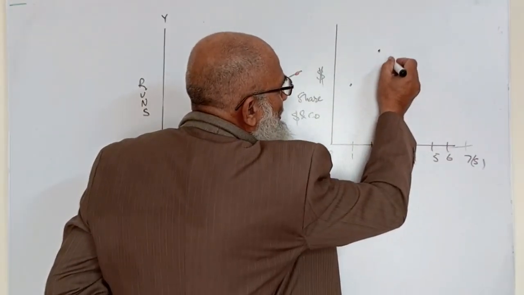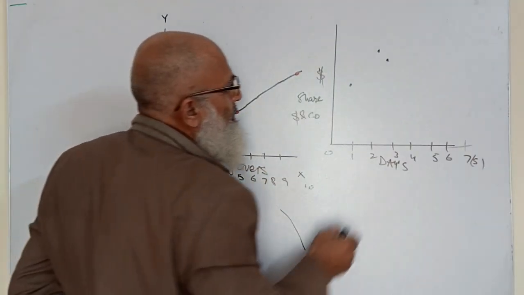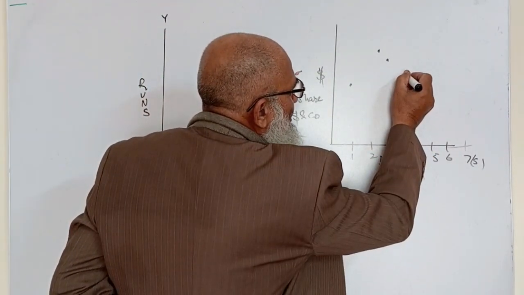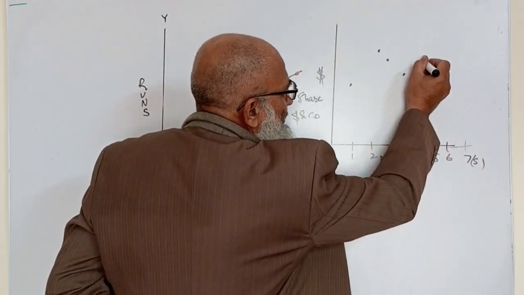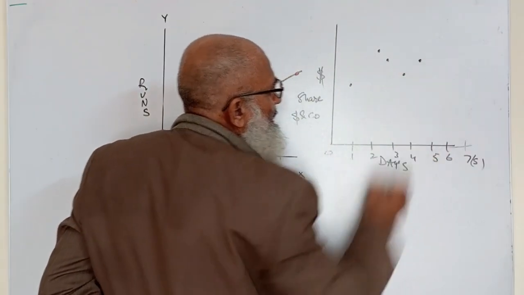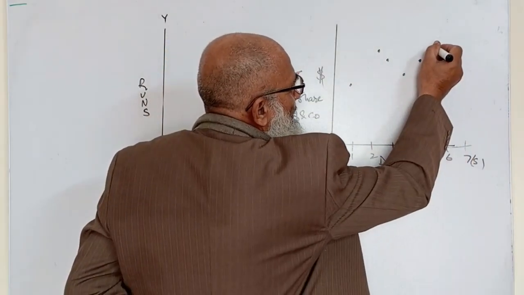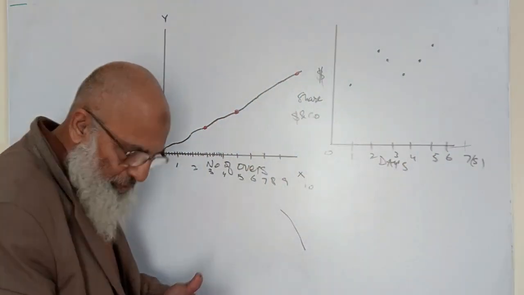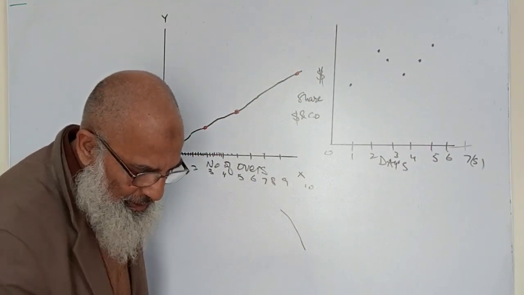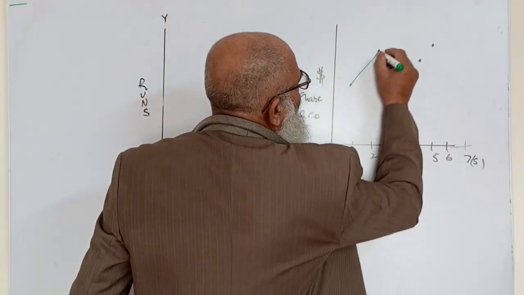On the third day, with a slight decline, it came over here. With a further decline, it came over here. On the fifth day, it again boosted, and at the end of the week, it came somewhere here. And if I draw a line to measure these, then our graph will present this.